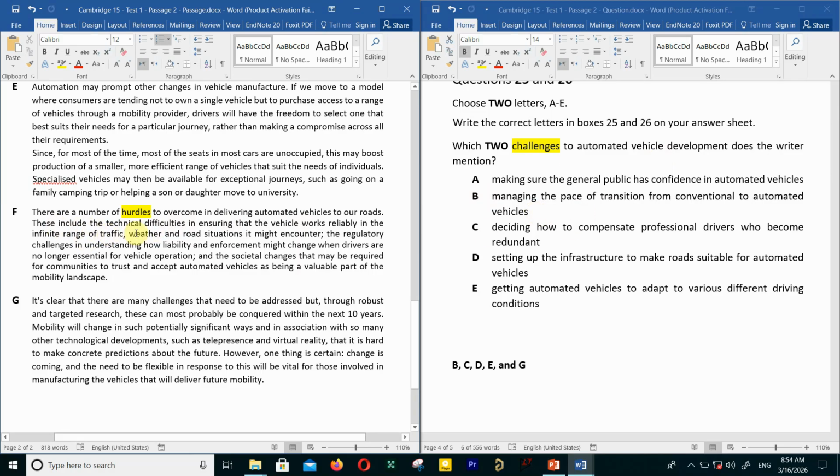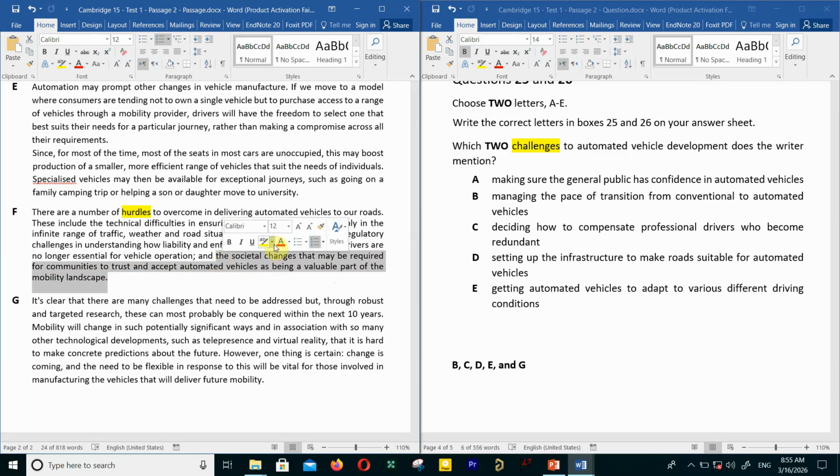These include the technical difficulties in ensuring that the vehicle works reliably in the infinite range of traffic, weather and road situations it might encounter, the regulatory challenges in understanding how liability and enforcement might change when drivers are no longer essential for vehicle operation, and the societal changes that may be required for communities to trust and accept automated vehicles as being a valuable part of the mobility landscape.